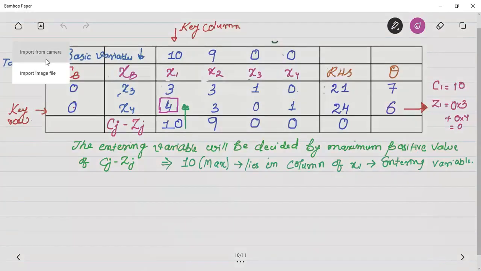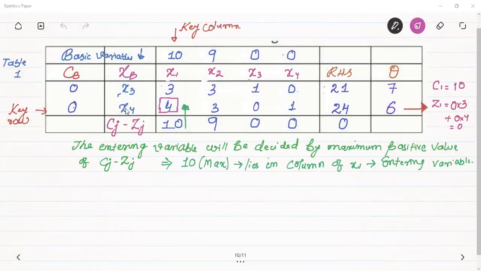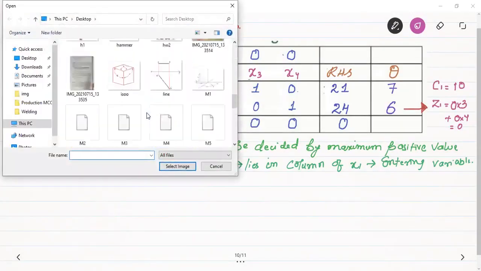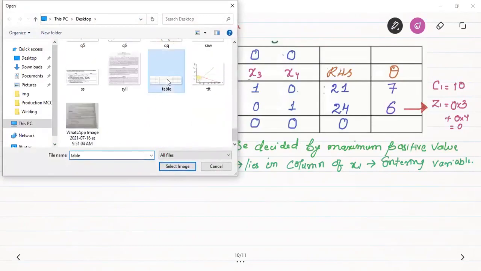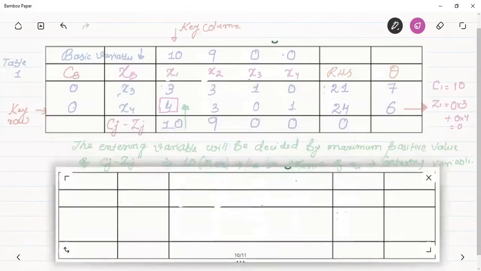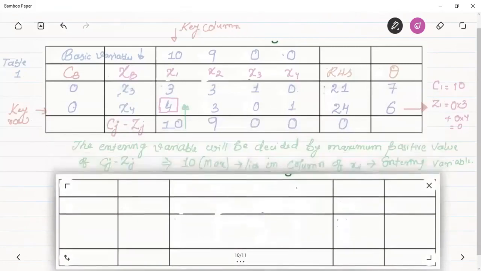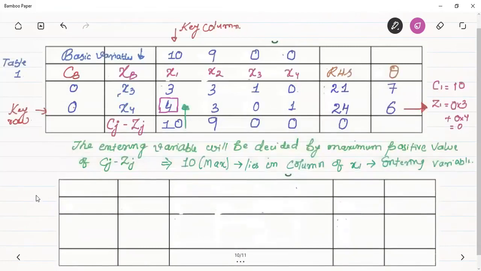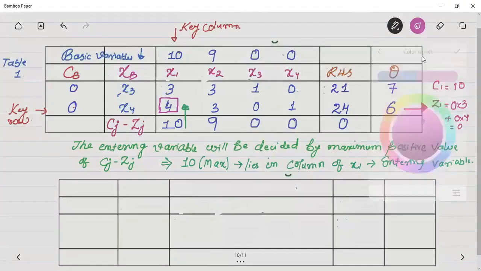I will again introduce this table. Okay, now we have the second table here, and again let me write it fast.